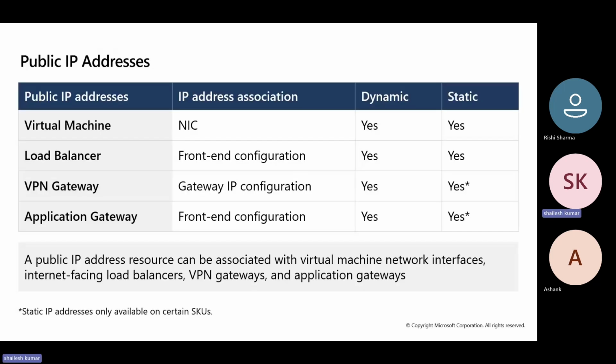Then you have public IP address. Public IP address you can assign to virtual machine, load balancer, VPN gateway and application gateway, and it is dynamic in nature for VM as well as static also.